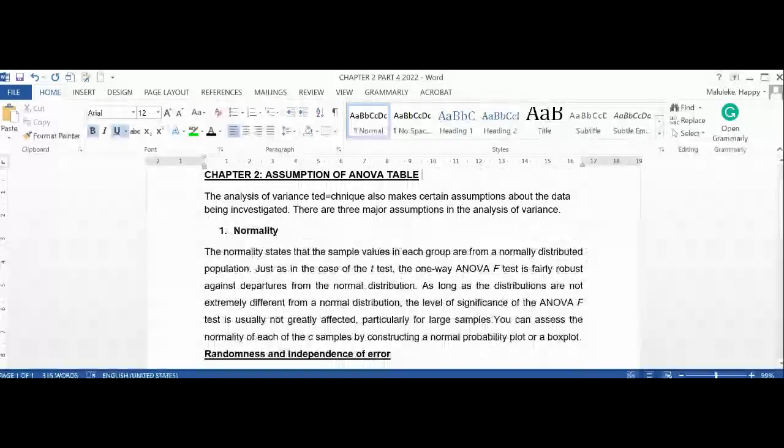So, can you see the shared document? The reason why I have to cover this part is for you to understand why we have to, sorry, there's a mistake here.